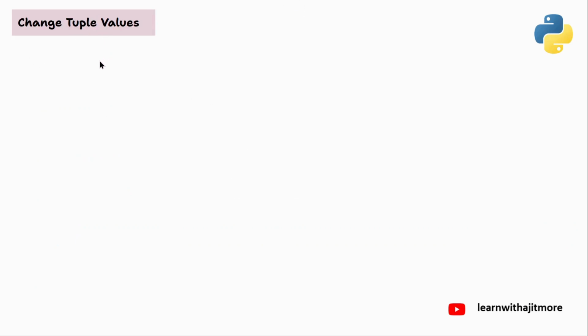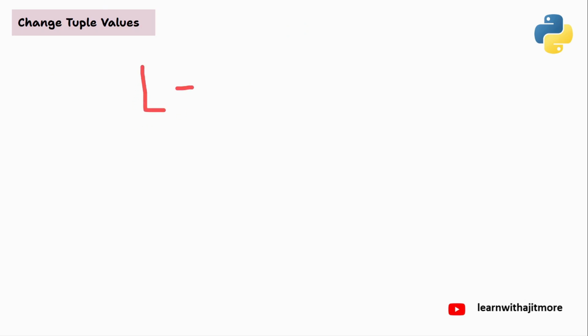Then how to change values in the tuple? Ideally, it is not needed. Getting it? Ideally, the definition says you're not supposed to change the values in the tuple as it is immutable. As it is immutable, you don't have any facility of directly modifying.